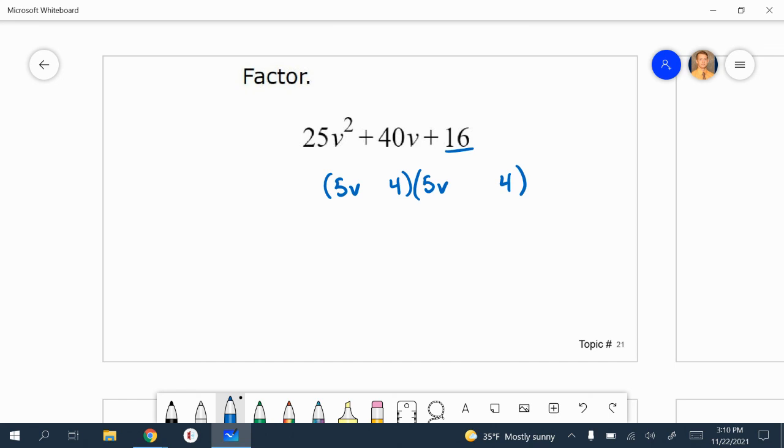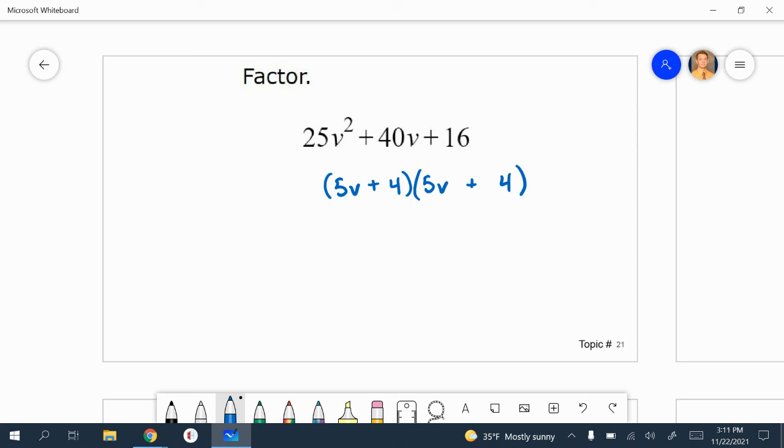Now the last thing I need to do is I need to be careful because I want it to add up to 40 when I have those two terms. But since everything's positive, you can probably guess that they're going to be positive inside there as well. And then you can check to see, does 4 times 5v and 5v times 4, when you add those together, does it make 40v? And yeah, because it does, because these are 20v and the outsides are 20v.